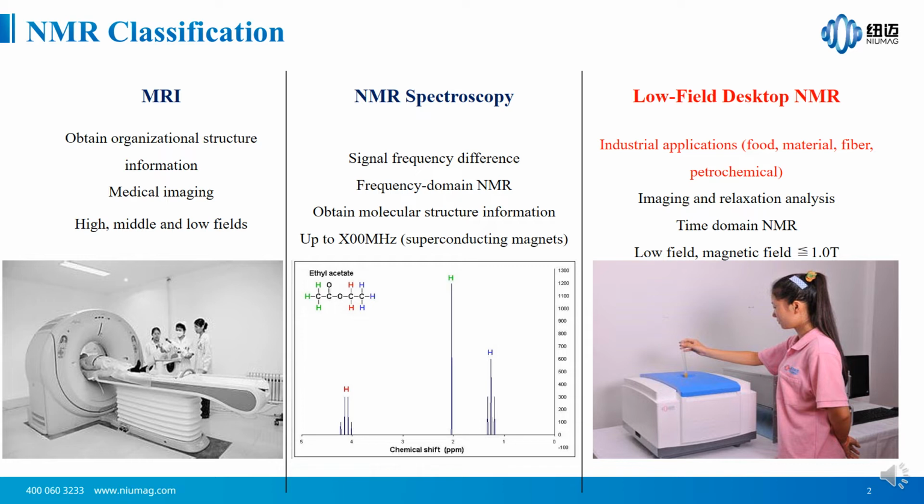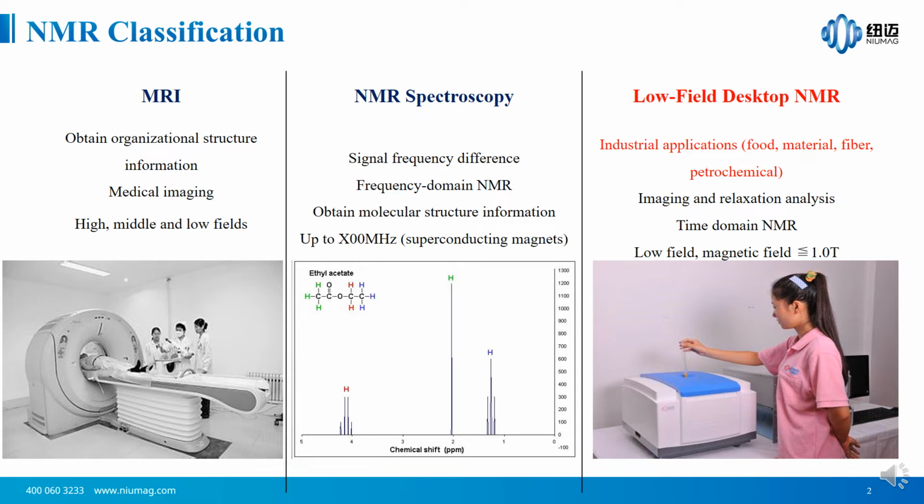So the general NMR spectroscopy is also called high resolution NMR. It can distinguish the frequency difference of the same nucleus in the same molecular chain with very high resolution.